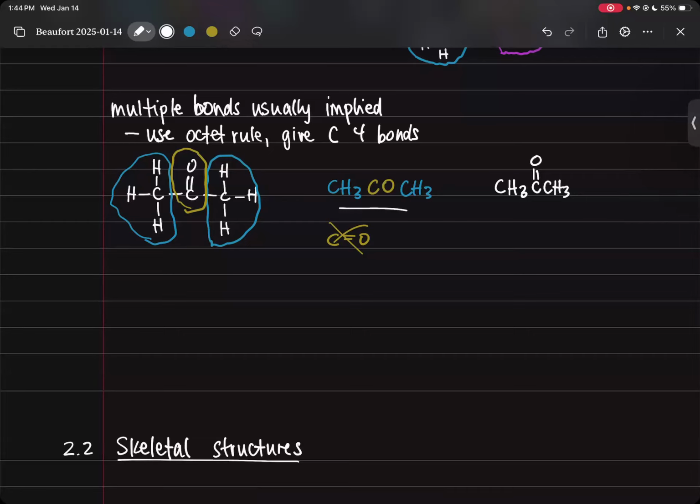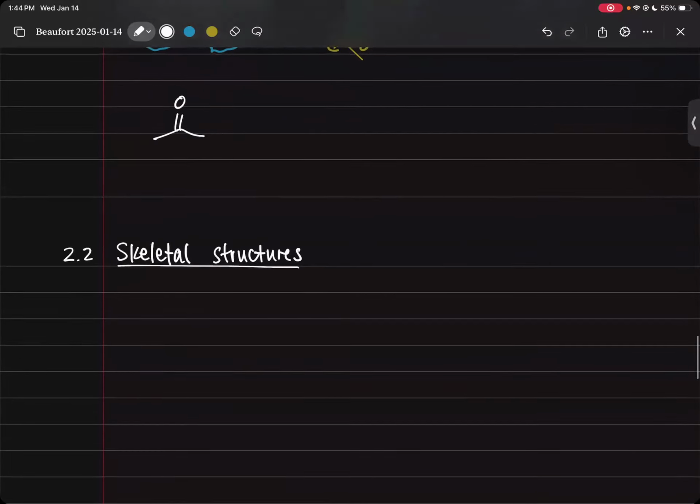That was 12 pen strokes to write the structure of acetone. To do the skeletal structure of acetone, 5. Again, I've never counted that to determine the efficiency of doing skeletal structures, but we can improve that quite a bit.